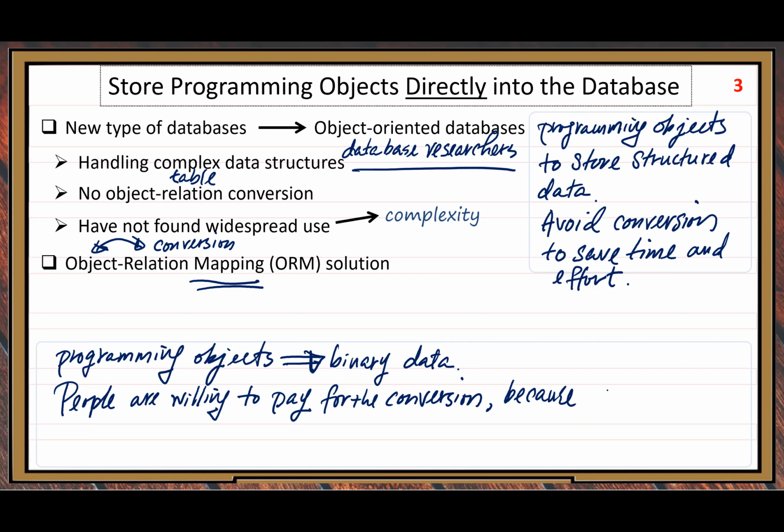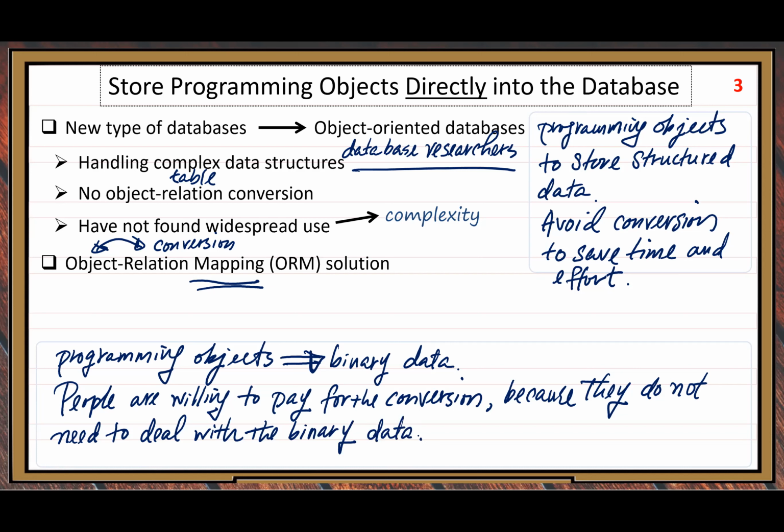Because they do not need to deal with the binary data. If you avoid conversions, you have to deal with binary data directly.